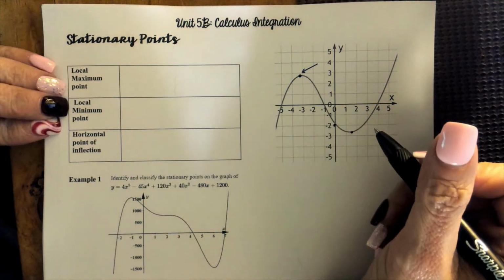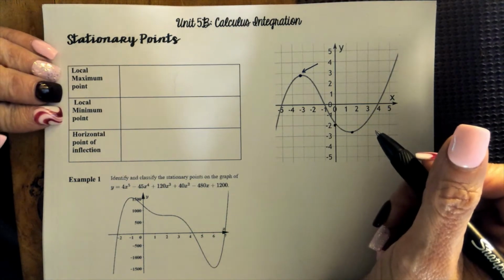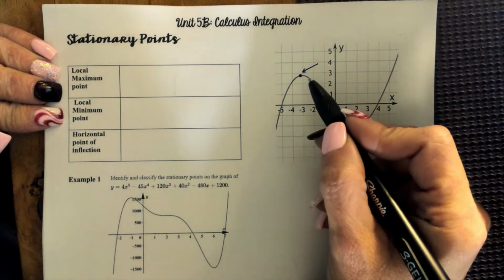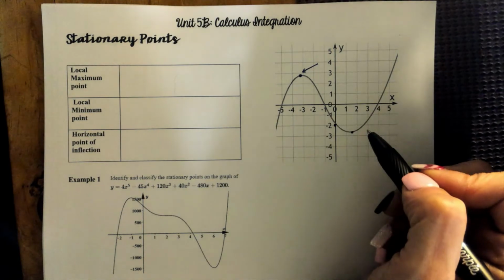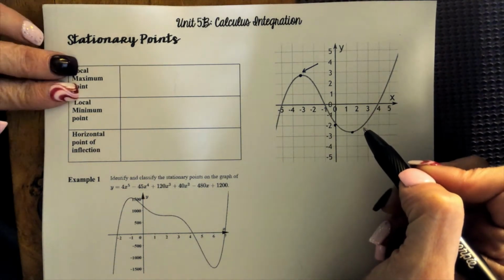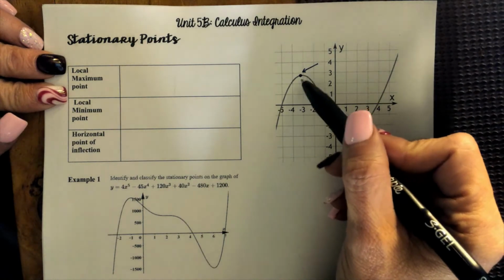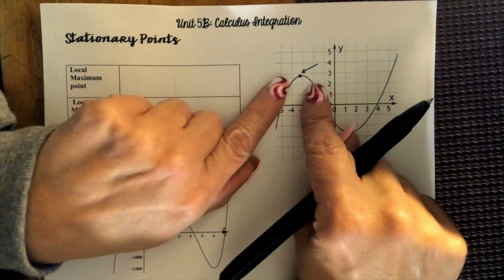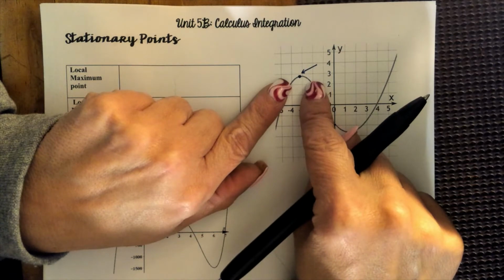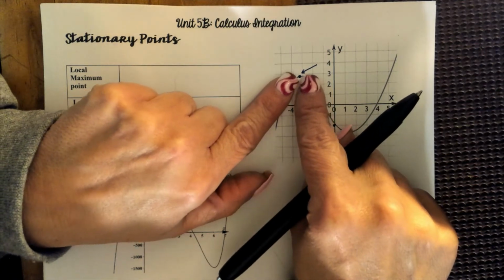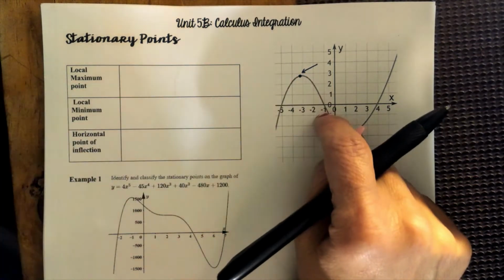When I talk about a local maximum and a local minimum, I'm talking about the highest point and the lowest point. I could ask you, what's the local maximum on this right here? And you could tell me that ordered pair, or you could figure it out. If we could graph it, we could put a part of it on each side of our calculator and calculate the maximum point, and we could find it.